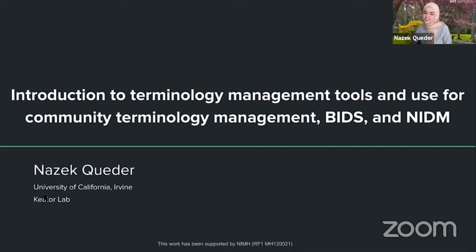I am currently a research specialist at the Queder Lab in the Department of Psychiatry and Human Behavior at UC Irvine, working on the NIDM terms project, which you'll be learning more about by the end of this training session. I work on the development of the controlled neuroimaging terminologies, as well as the tools development side of the project. And I'll be talking about those in my session.